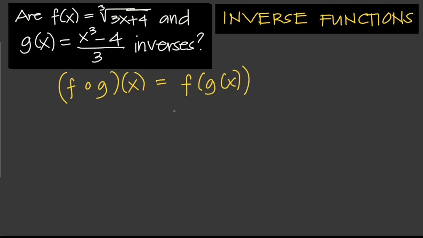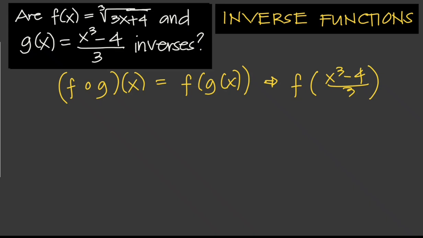In here we replace g of x with its equivalent, which is x cubed minus 4 over 3. So we substitute x cubed minus 4 over 3 for the variable in f.